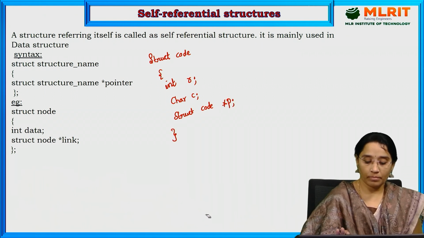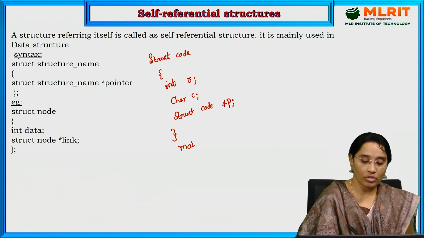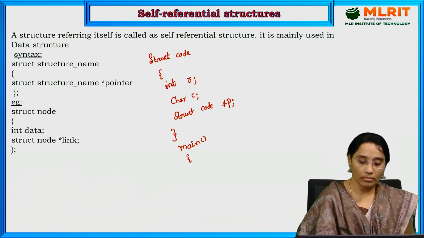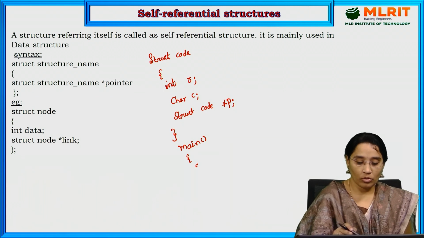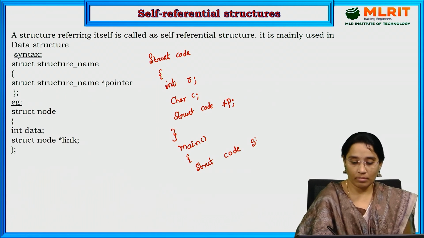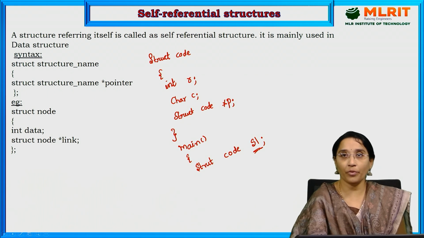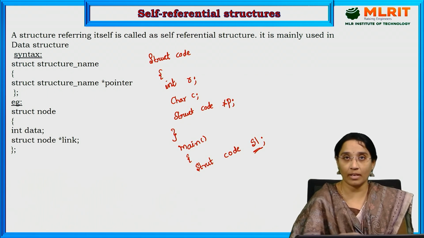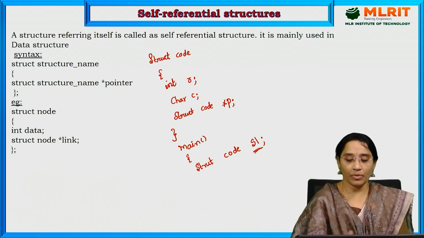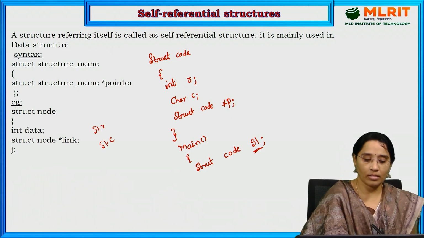Next, in the main function, let's declare one variable, struct code s1. So I have declared one variable s1. So now how can you access the members by using s1? It is s1.r and s1.c.